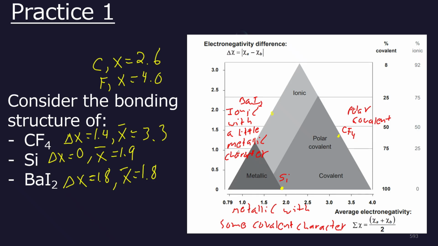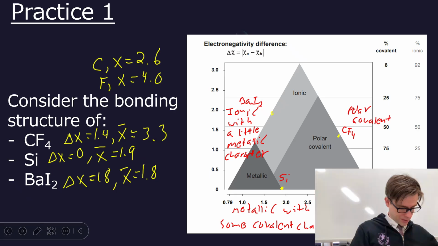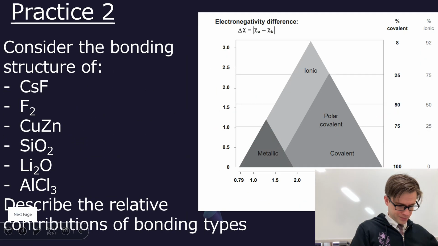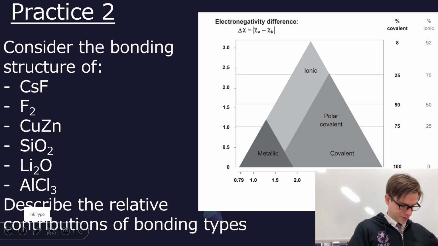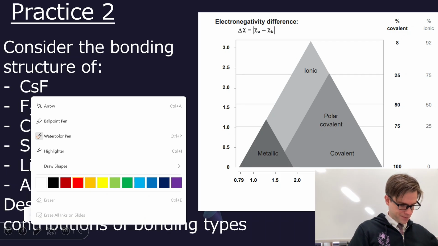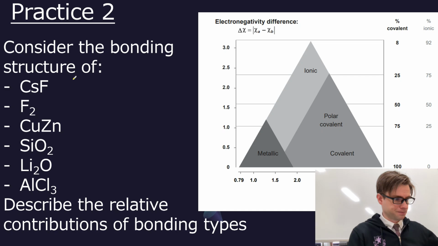Okay, so those are nice spread out examples of covalent, metalloid or metallic, and ionic. Let's go next. Just more practice, that's mostly what we're doing today. 6 more. So CsF, cesium fluoride.